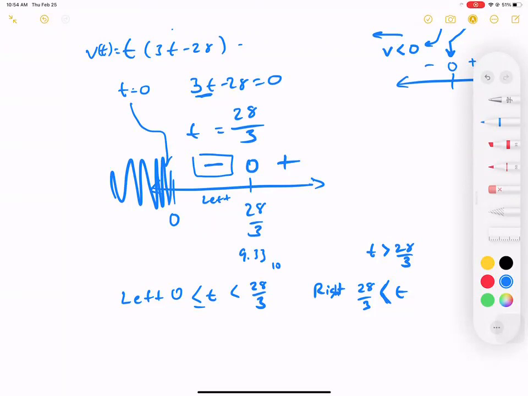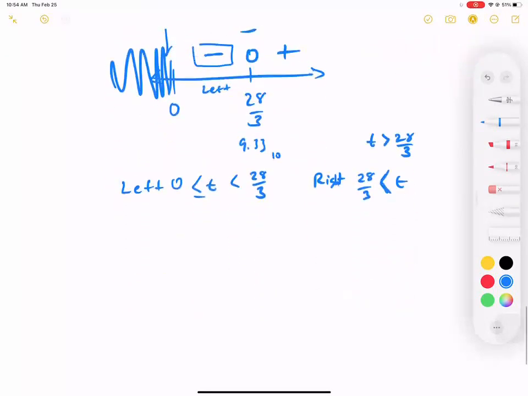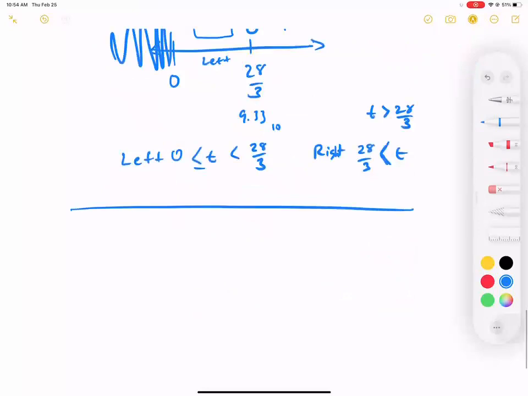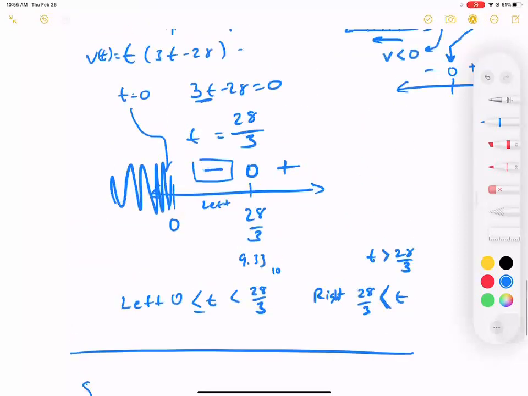Now, great, we talked very abstractly about when this particle is moving right and to the left. Now, here is the next part. Another application point is how fast and in what position were you? For this, as long as we're just looking between 0 and 28 over 3, that's basically the direction it's going for now. Because at 28 over 3, we know you stopped your car.